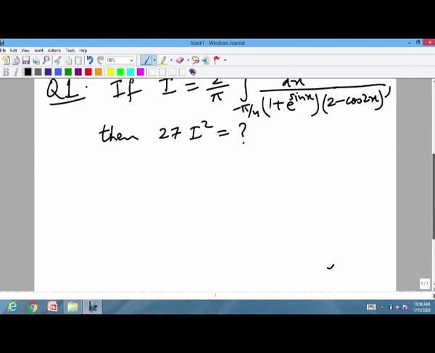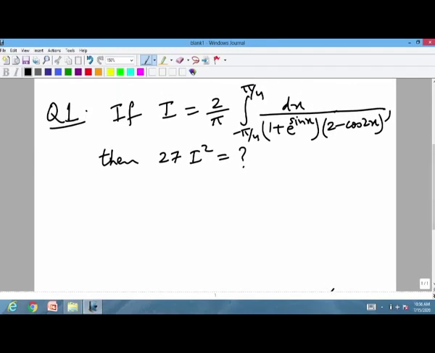So, basically we have to evaluate this definite integral and then calculate the value of 27 I square.